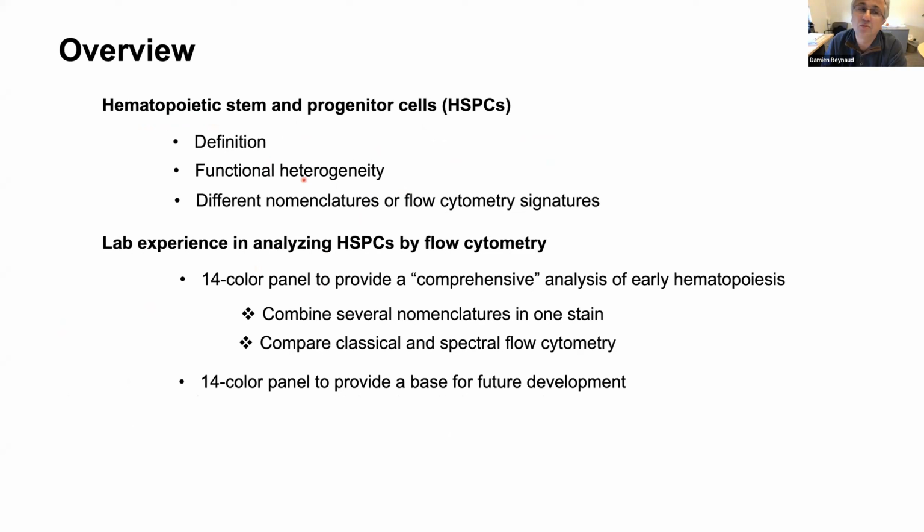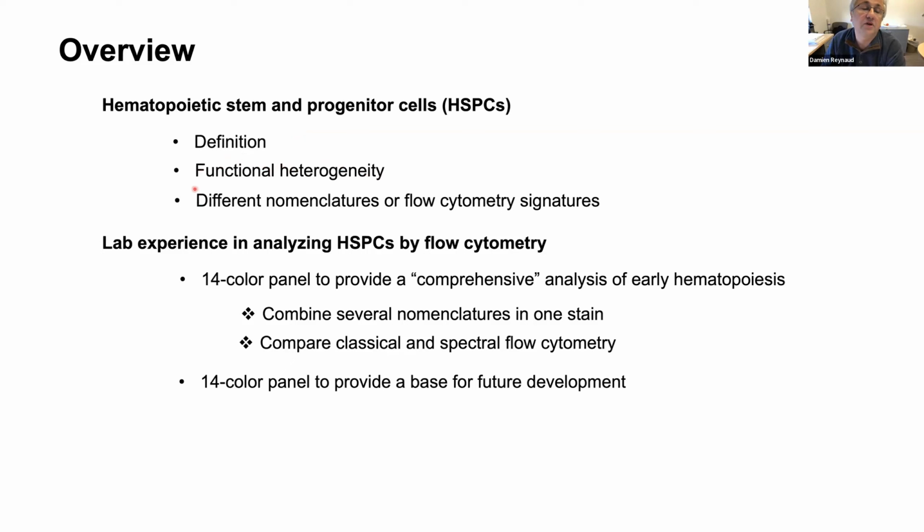To give you a broad overview of this short presentation, I will first define this hematopoietic stem and progenitor compartment, particularly insisting on the functional heterogeneity which exists in this compartment.